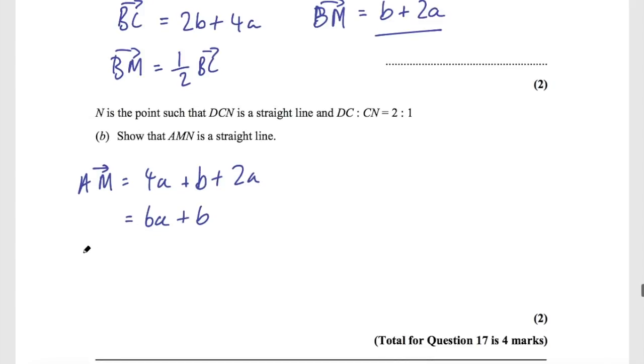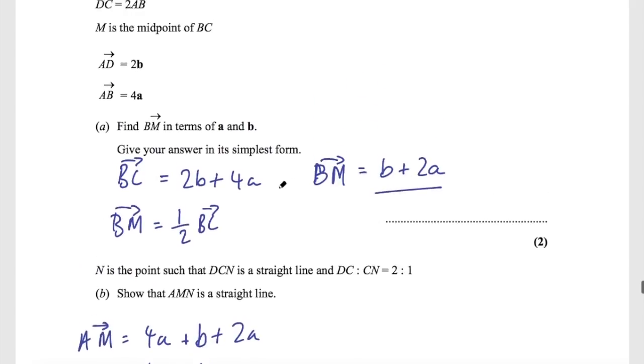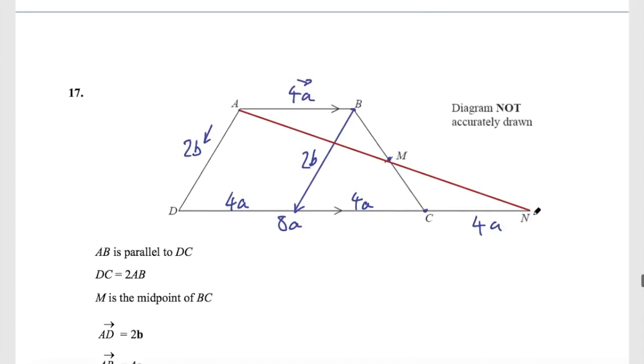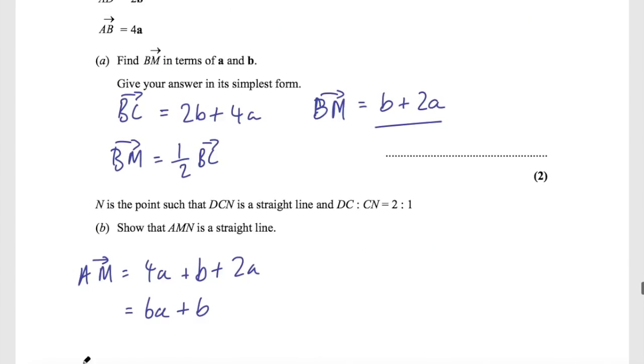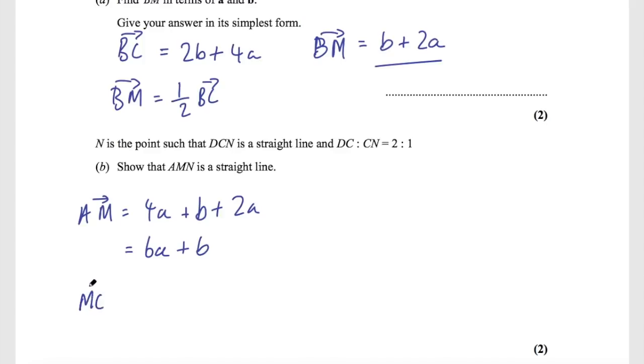And also, can we find the vector for MN? Let's have a look. So we need to get from M to N. MC, well, that's going to be the same as BM. The line has the same length, it's going in the same direction, so it must be the same vector. So the vector MC will equal b plus 2a as well.